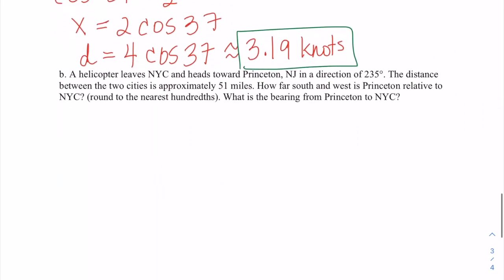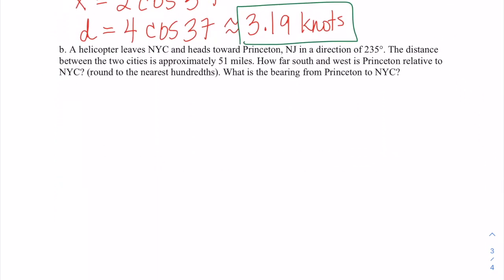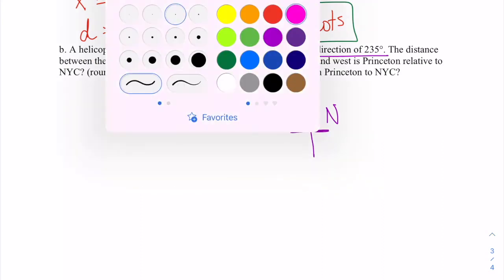Okay, let's look at this last problem. Again, I do encourage you to pause the video, try it, and then come back to check your answer. So we have up here, New York City, and it's in a direction of 235. So we know that 235 is in the third quadrant.